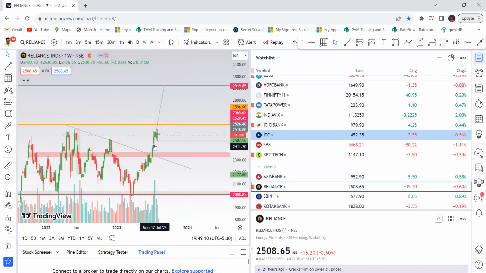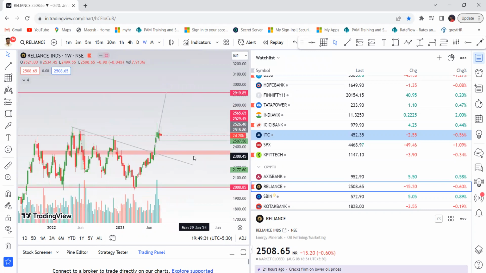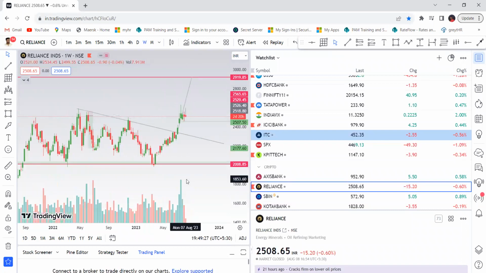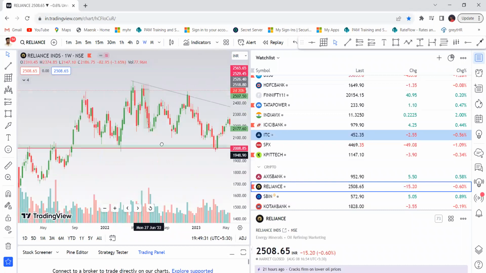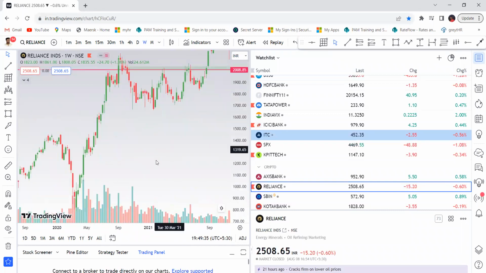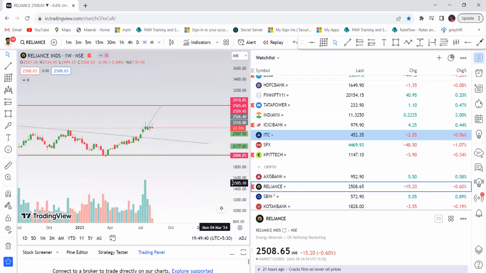A simple line, once this is broken, the expected target is here. I'm not sure how many days it will take to move, but still, this is the projected target. So that's the power of technical analysis. It might seem like we are playing around with the chart. Yeah, it is. But simply by using the line drawing tool, you figure out the estimated target. So that's how we look at chart patterns.